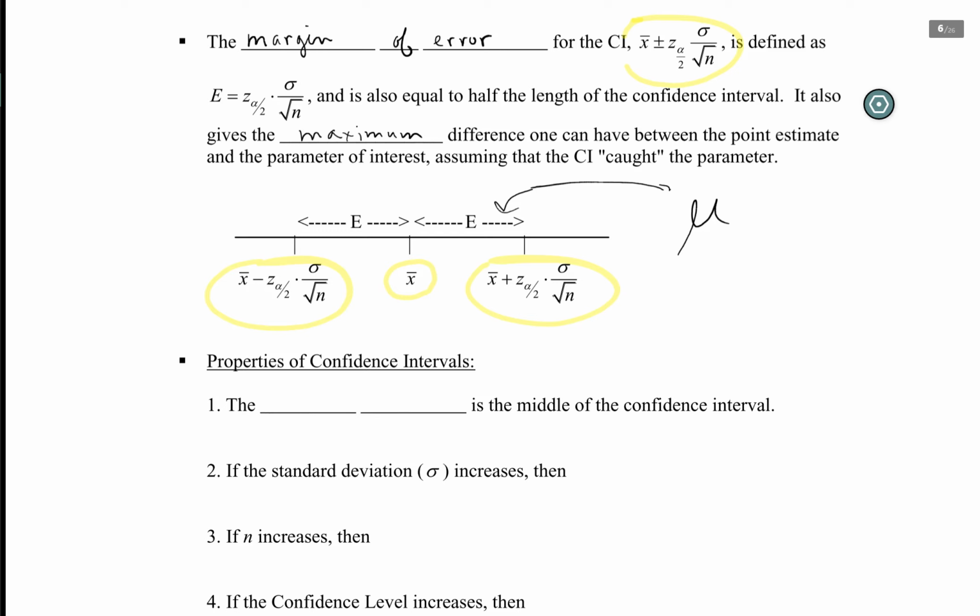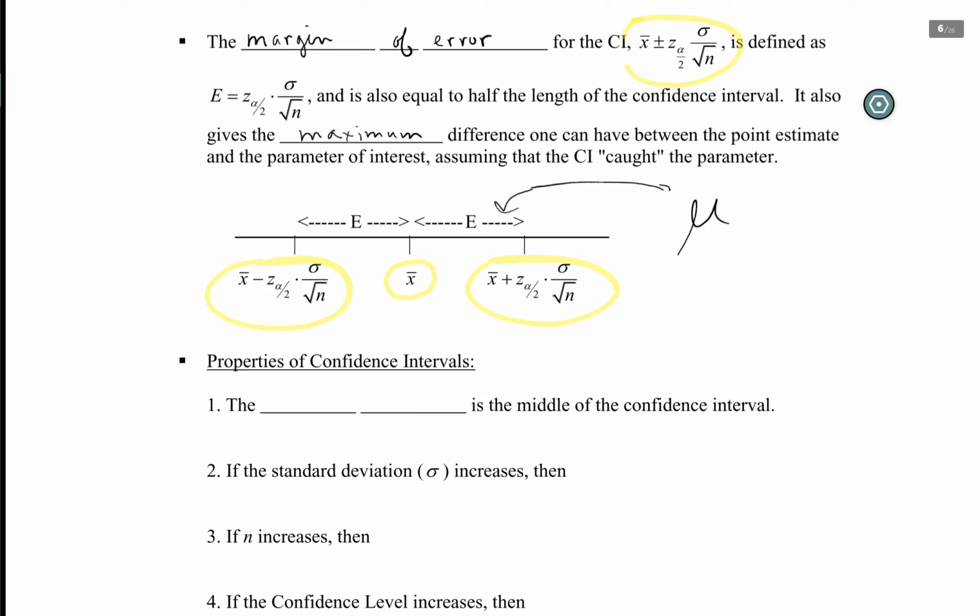It turns out that this phrase margin of error is used quite a bit, even on television shows or in political polls, where they are displaying some feature about a poll. They'll give a point estimate plus a margin of error.